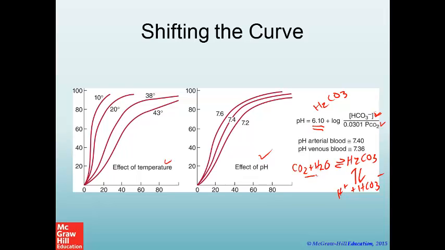More CO2 is going to shift the equilibrium to make more hydrogen ion, which lowers the pH.